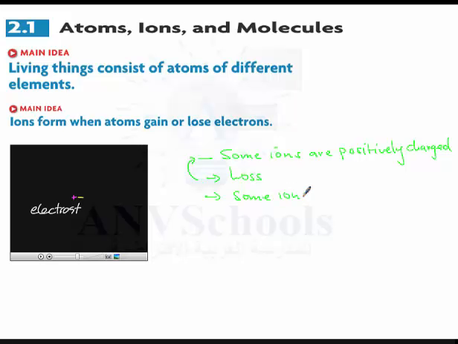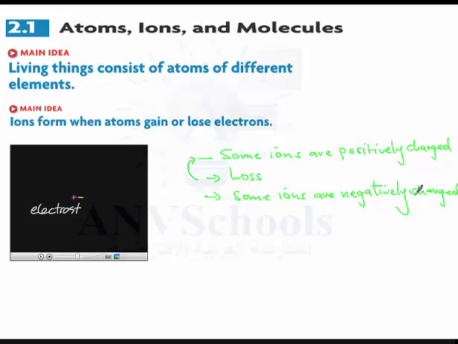And some ions are negatively charged. So the types of ions that form depend on the number of electrons in an atom's outer energy level.